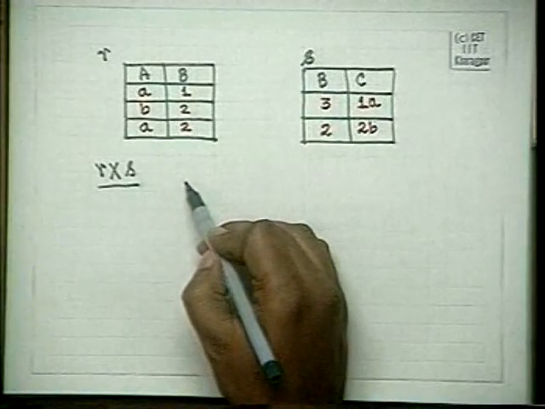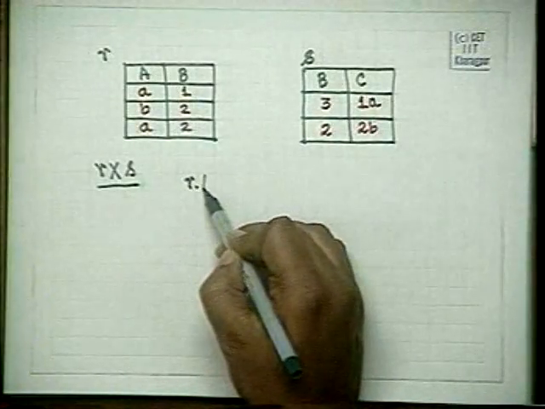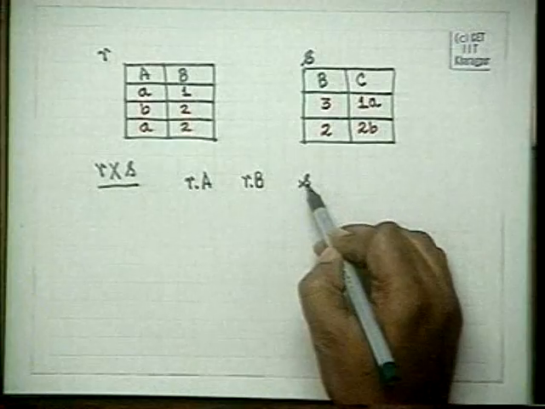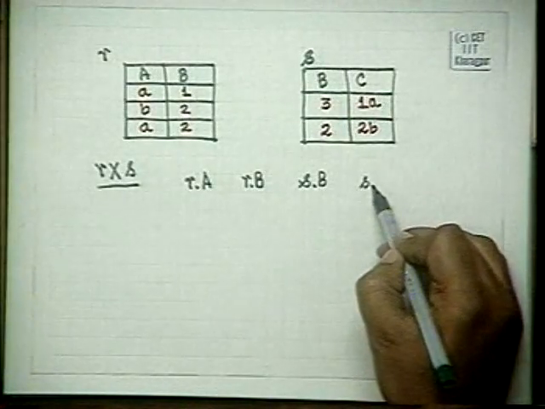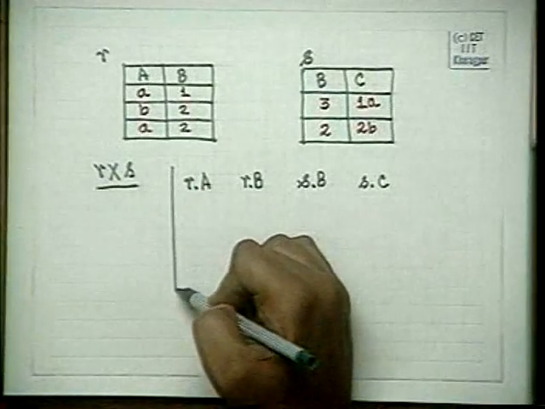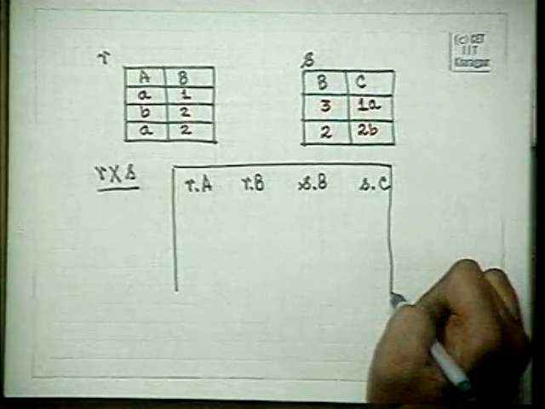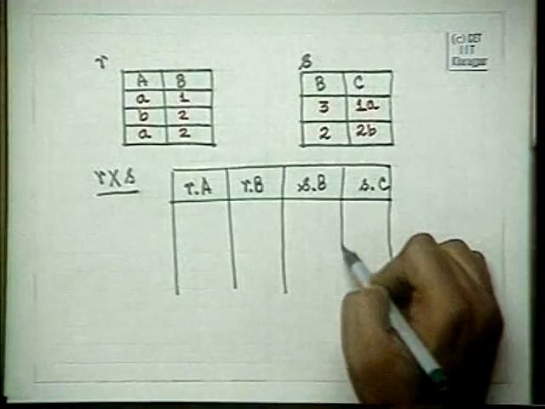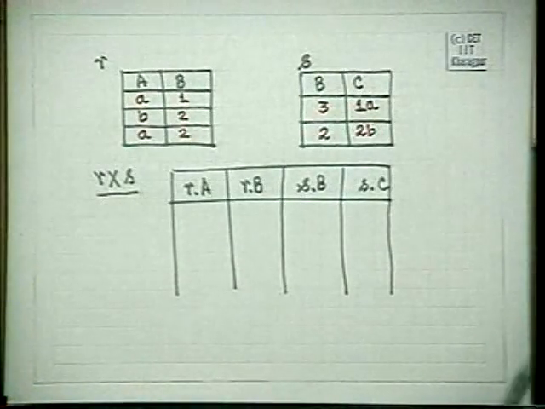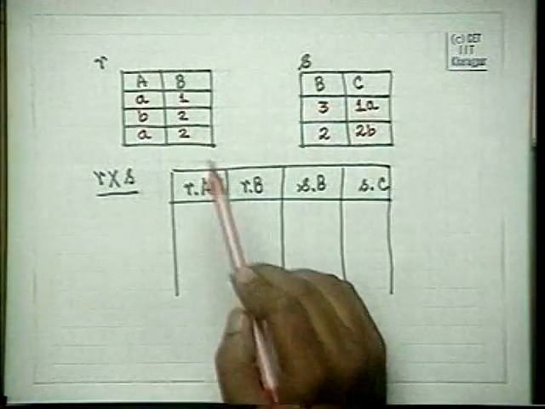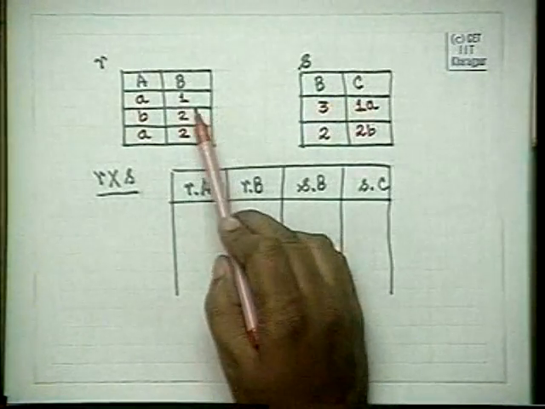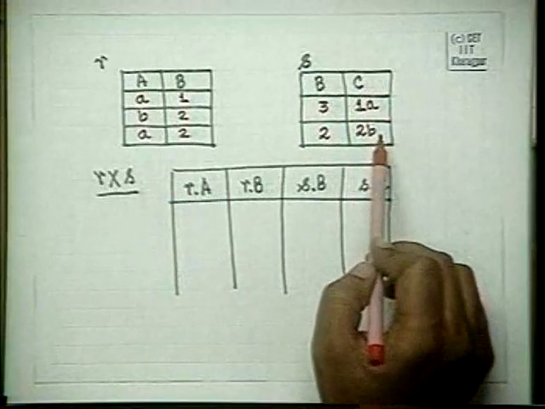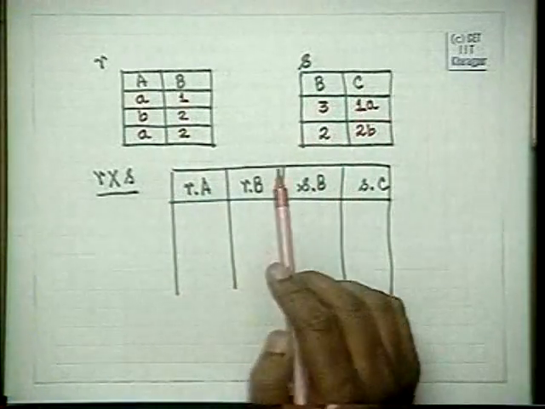The 4 attributes can be uniquely specified, and the tuples which will be present here will be all possible combinations of R with S. Not all possible combinations of individual attributes, but all possible combinations of R with S.